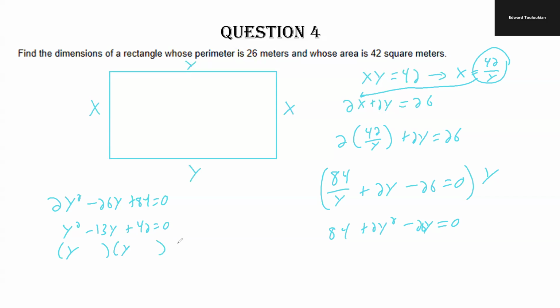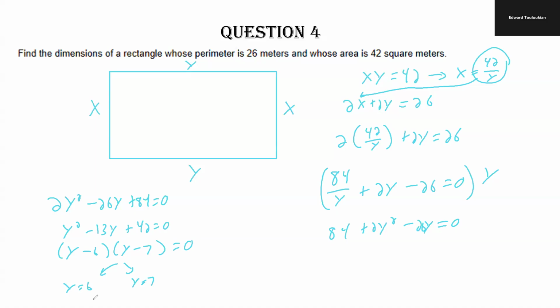So y equals 0. 42 is 6 times 7 and 13 is 6 plus 7. So minus 6 minus 7 gives me a positive 42 and a minus 13. And then I can use my zero product property, y equals 6, y equals 7. All right, so those are my two possible values for y.